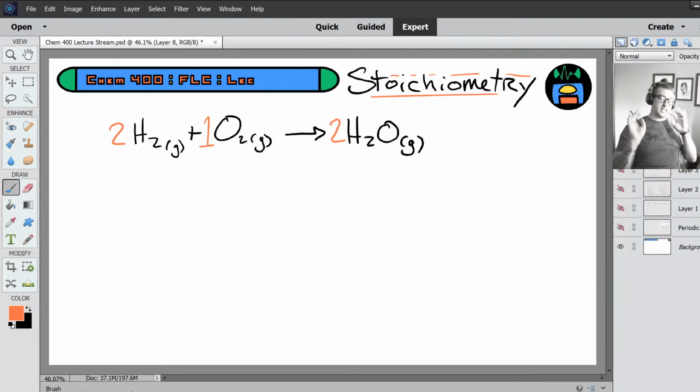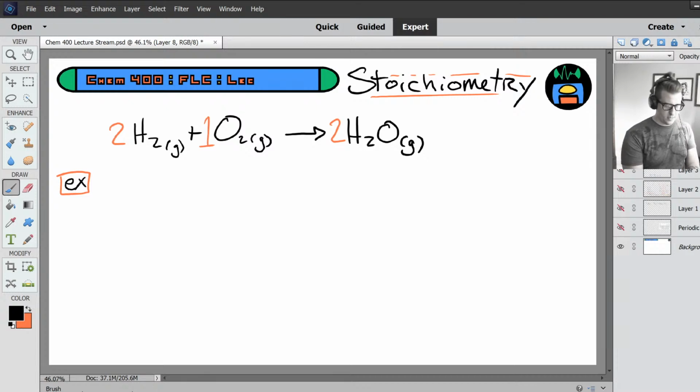That knowledge that these stoichiometric coefficients represent molar ratios allows us to solve a litany of problems, a ton of different types of problems. We can use this knowledge to solve. So, for example, let's do our first example here.